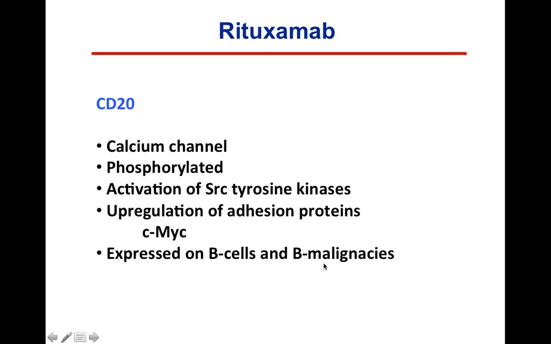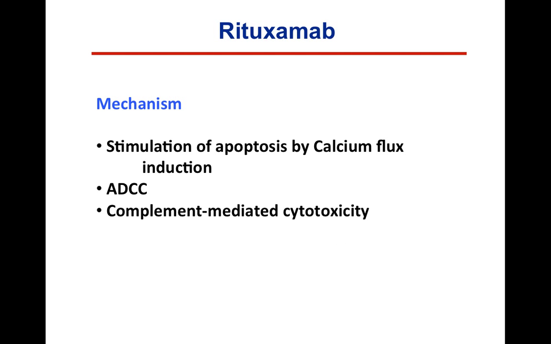And so a monoclonal antibody was developed, this rituximab, to this, and its mechanism of action is that it stimulates apoptosis by calcium flux induction. So when it binds, it can stimulate the cells to go into apoptosis. A major part is that it induces ADCC, which we've talked about, antibody directed cellular cytotoxicity.